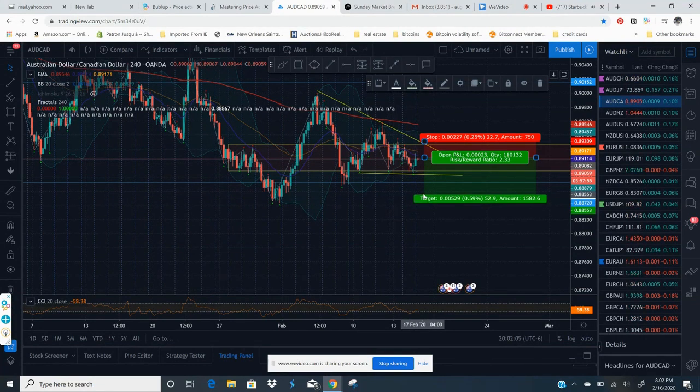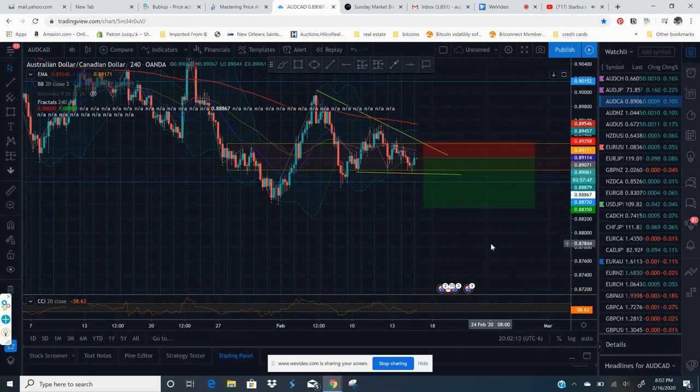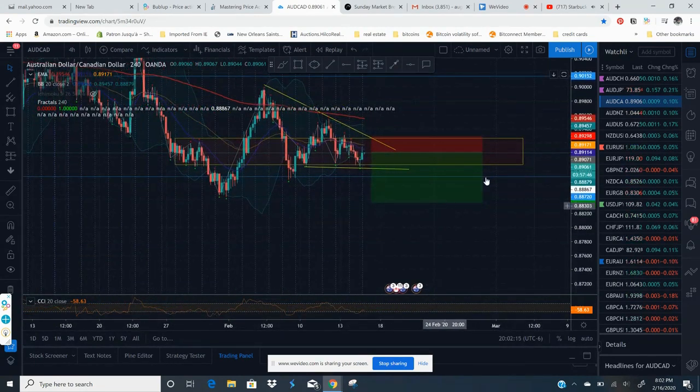And strong support is going to hit this one and then this one. So I'm looking at this to be a sell.